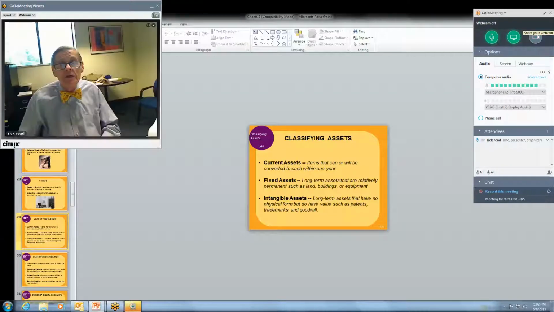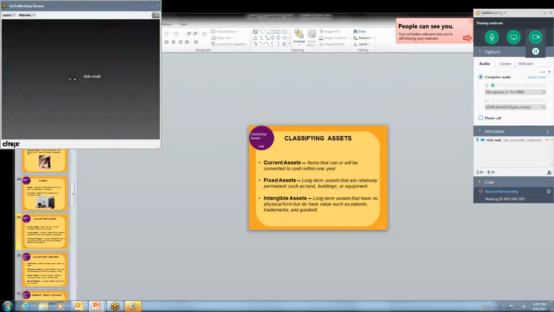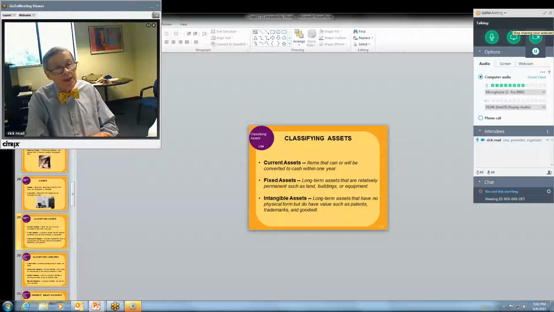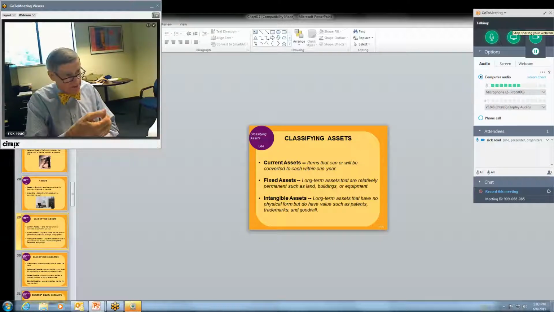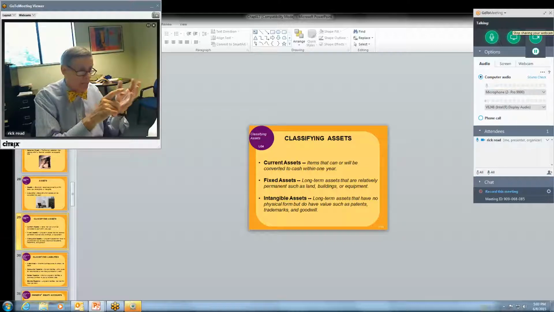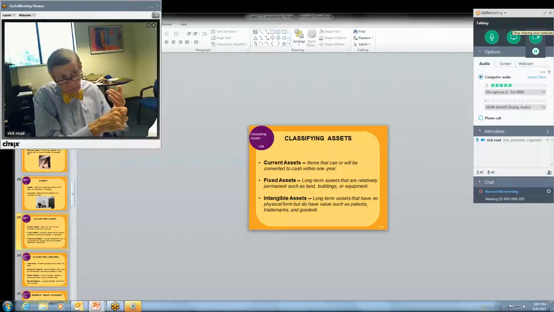These are the different types of assets we have: current assets, fixed assets, and intangible. We talked a little bit about intangible before. We have an idea of what fixed assets are. Current assets, notice, are things that you have that can be converted to cash within a year. Receivables, people you've billed and they owe you money, that's a current asset.